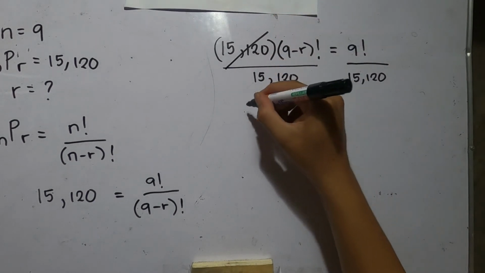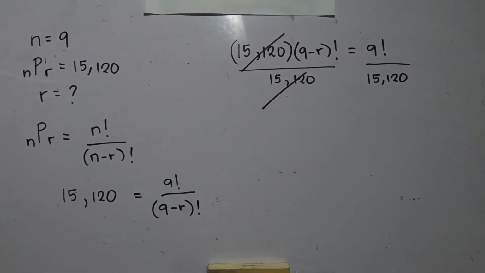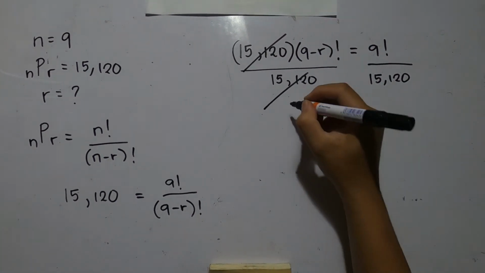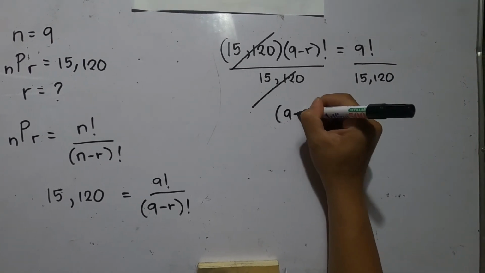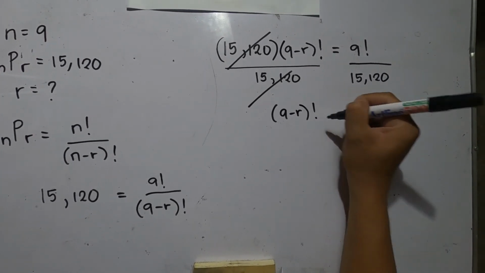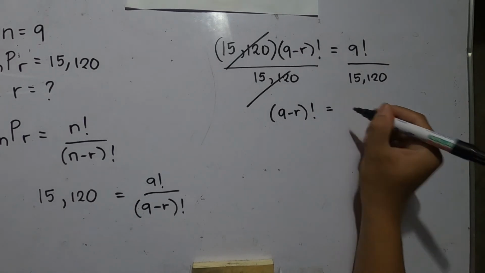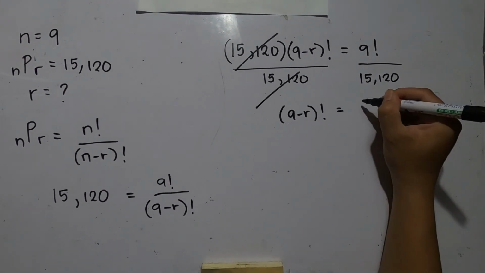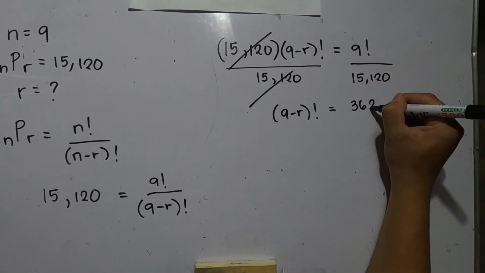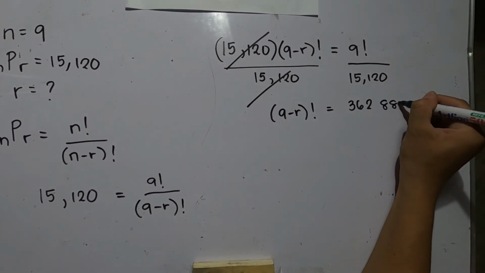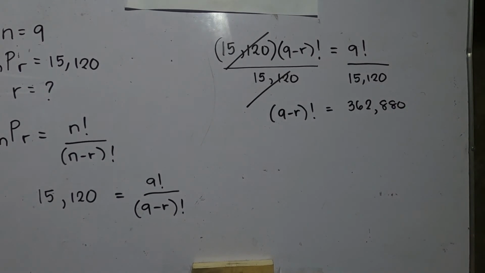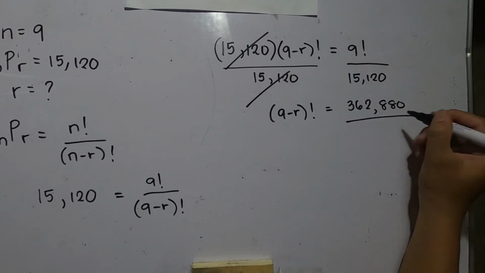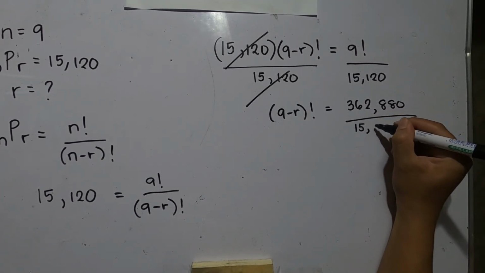Canceling 15,120, what remains on the left side of the equation is the quantity of 9 minus r factorial. 9 factorial has the evaluated value of 362,880, and that is yet to be divided by 15,120.